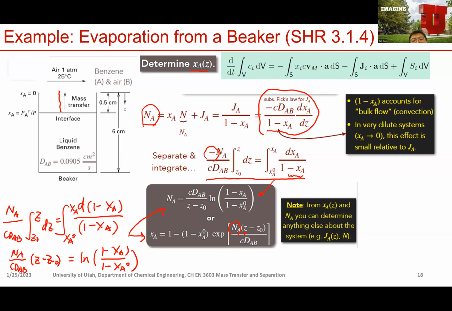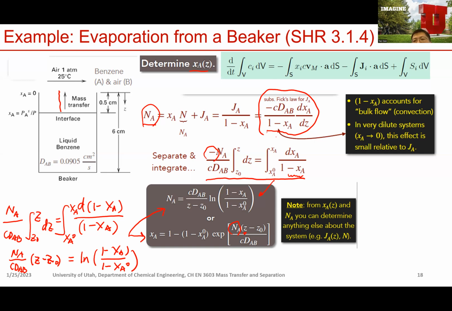Fick's law does not have this term, but now if we consider convective flux, then we can modify Fick's law by this factor, so that Fick's law can include the effect of convective flux.